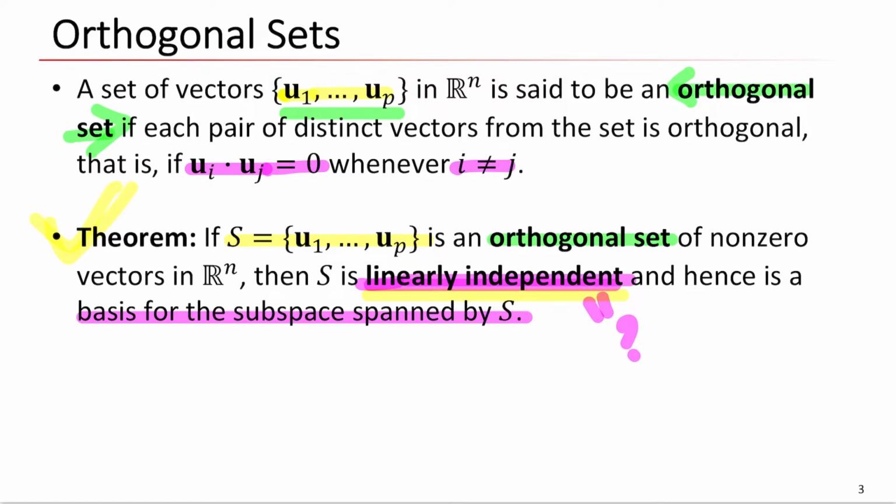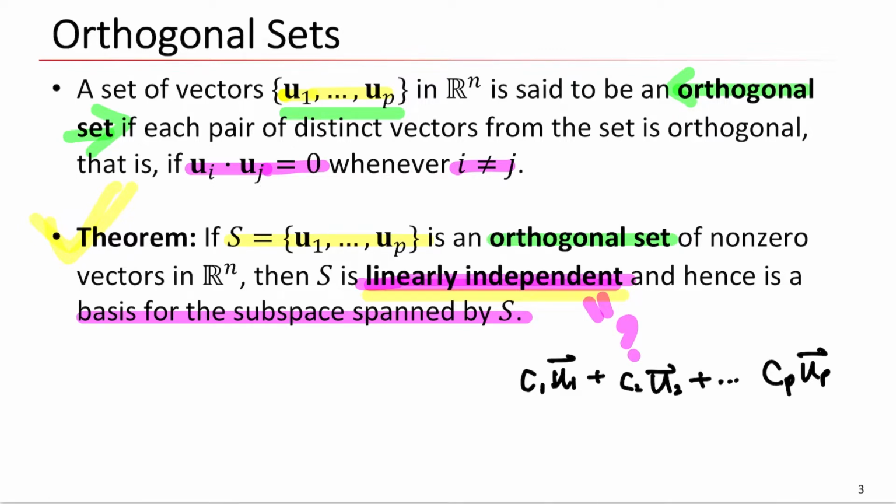So this is a linear combination of the vectors u1 through up, right?